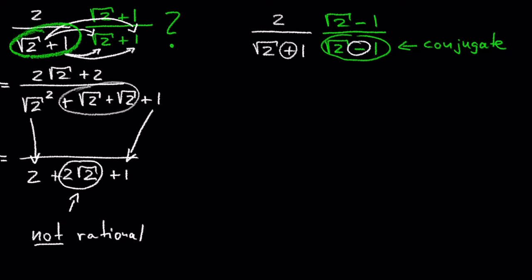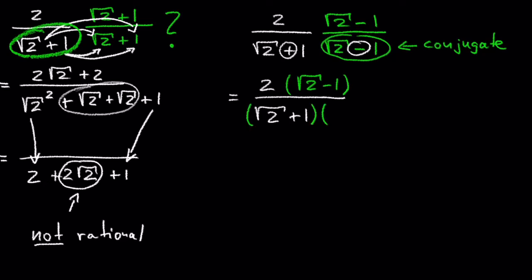When multiplying these two fractions, be careful and don't forget to put parentheses, because you are multiplying the whole expression.